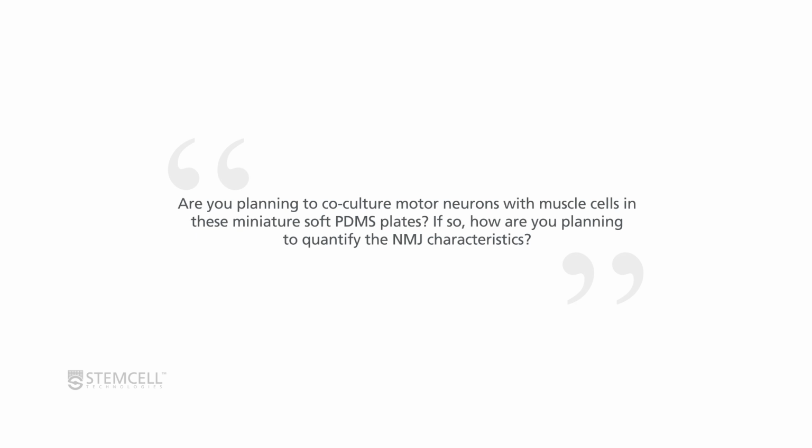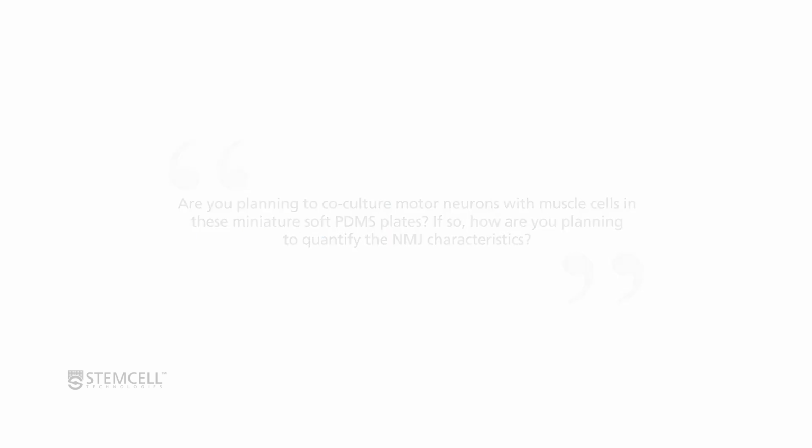And so at that point, when there are more tools available, the 96-well platform becomes a little bit more interesting in terms of looking at single neuromuscular junction maturation or response to treatments. But for now, we're a little limited to global changes in neuromuscular junction activity in the 96-well platform.